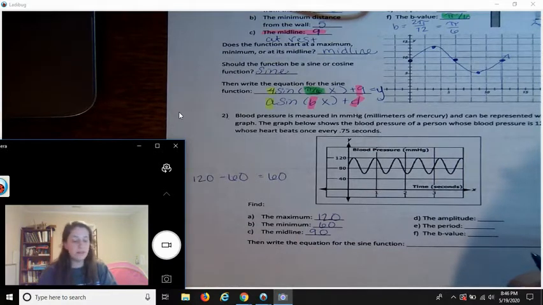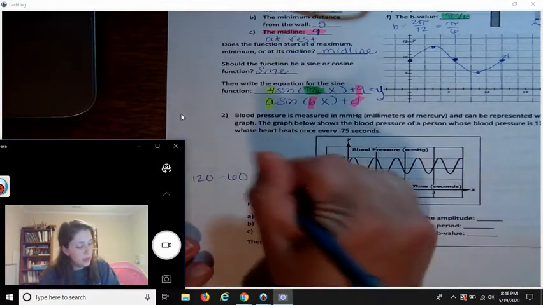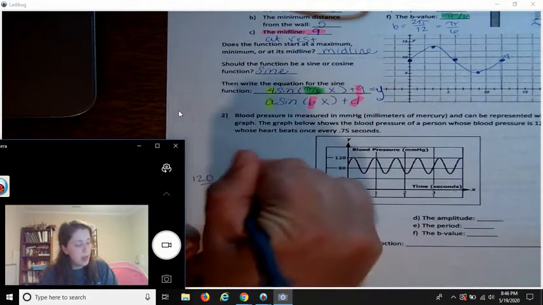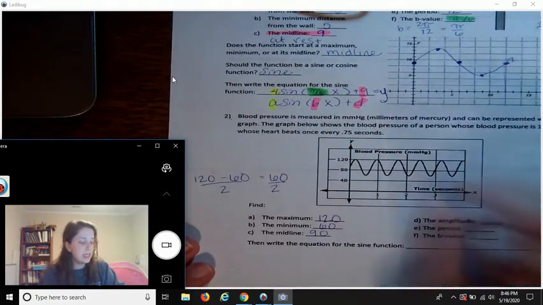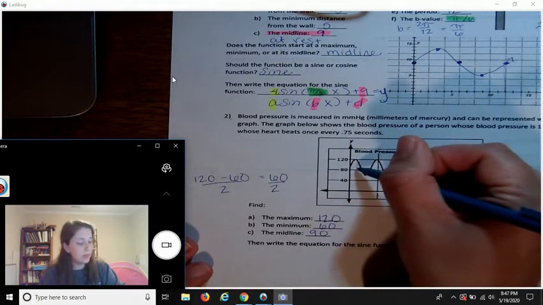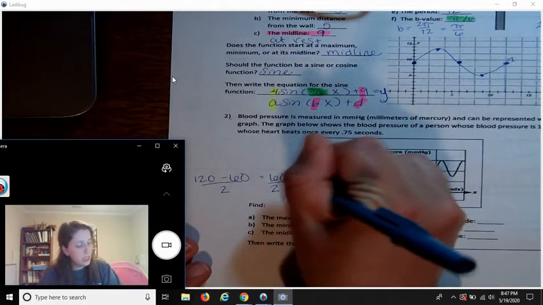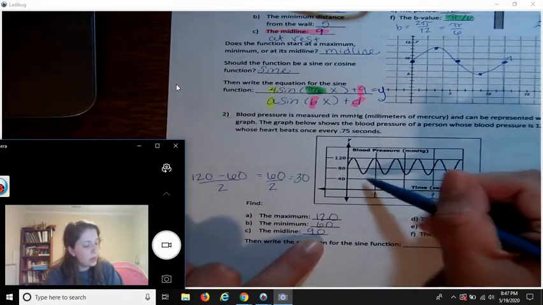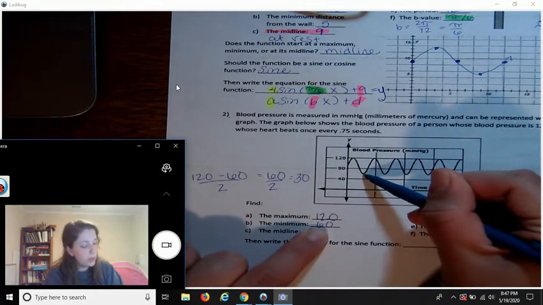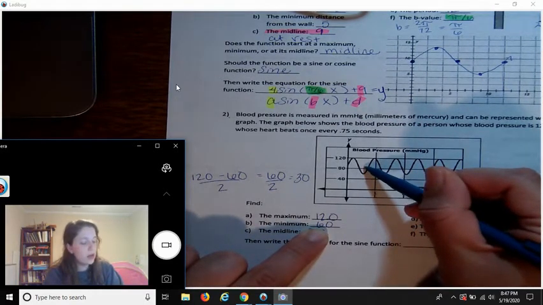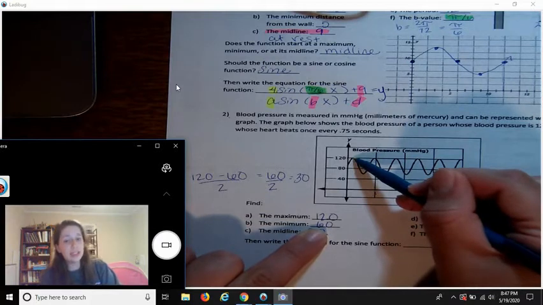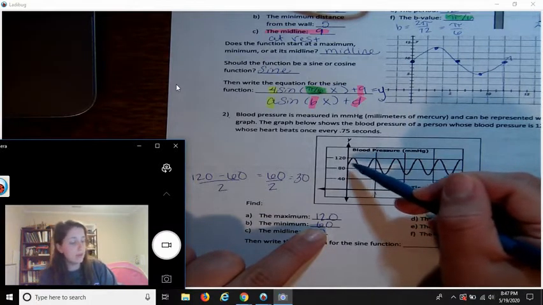And then we would want to divide that by 2. So divide that by 2. And that's half the distance that I need to go either from the max or the min. So this gives me 30. So I can start at my minimum, which is 60, and go up 30 to get to 90, or I can start at 120 and subtract 30 to get to the 90 from that direction.